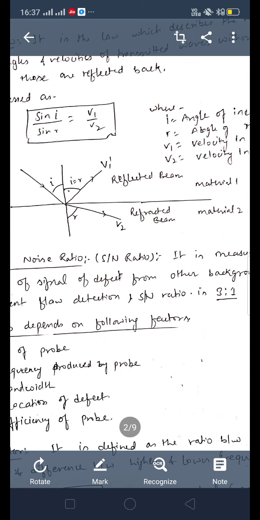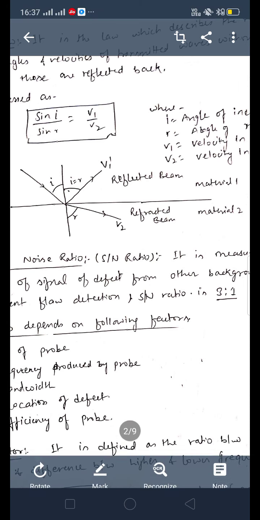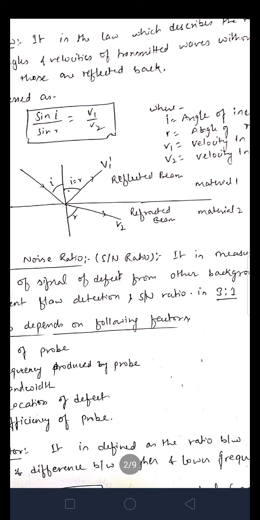Here v1 is the velocity in material 1. So r is the angle of refraction, not reflection. This one is the reflected beam, and this one is the refraction beam.